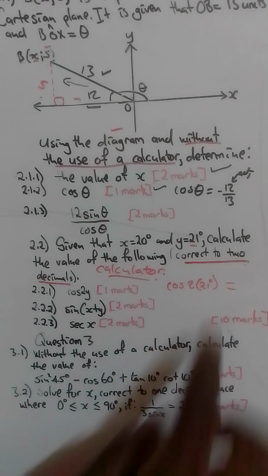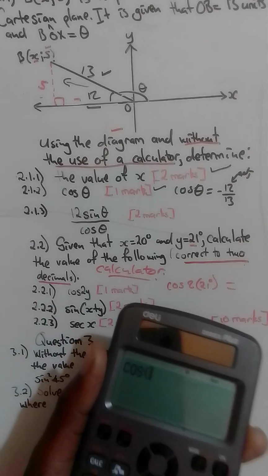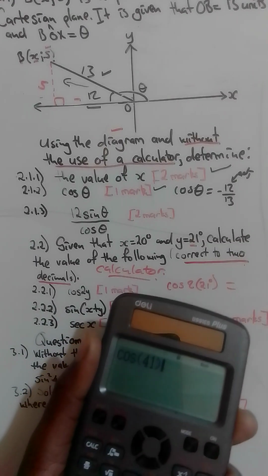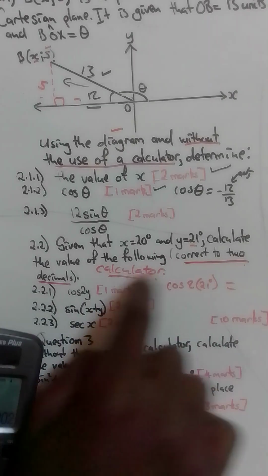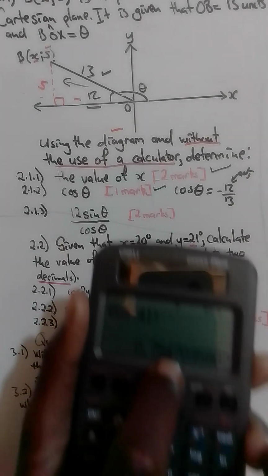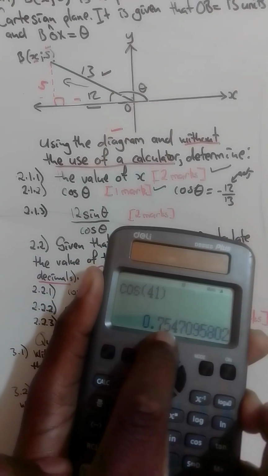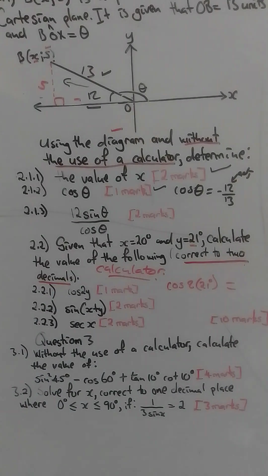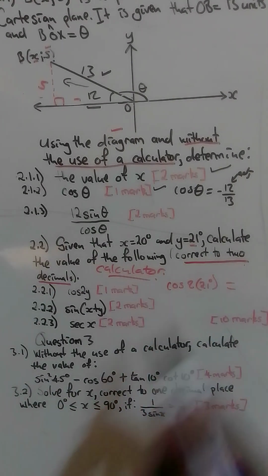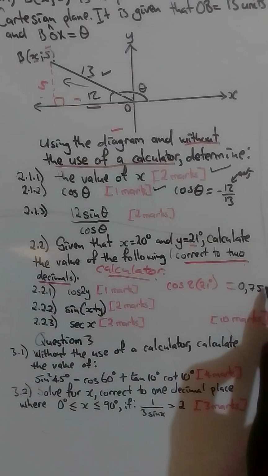Multiplied by 21. Actually, this is 42 degrees. So let me just say cos 42. Cos 42 degrees is equal to 0.7. Remember, they say 2 decimal places. So I look at the third decimal number. It's 4. So 4 is not above 4. So it's 0.75, my final answer. So I now write that cos 2y is equal to 0.75.